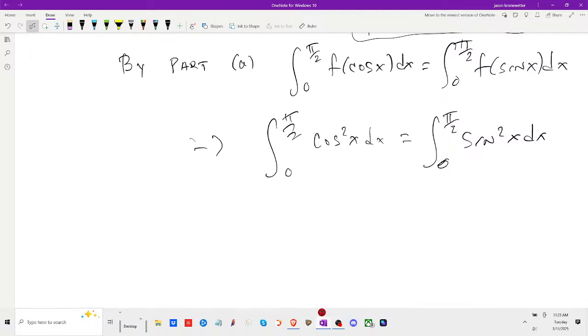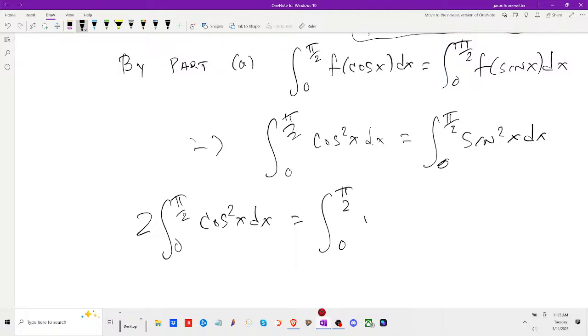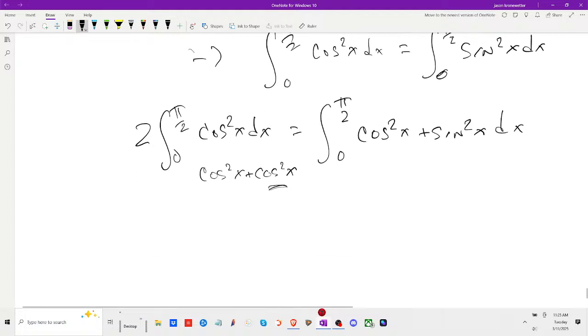So if I have two of the cosine ones, you could do it with the sines too, that's the same as the integral from 0 to pi over 2 of cosine squared x plus sine squared x, because they're the same. This is like cosine squared x plus cosine squared x, and I'm replacing one of those with a sine squared in the next one.